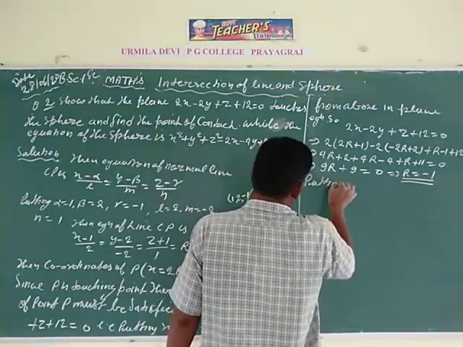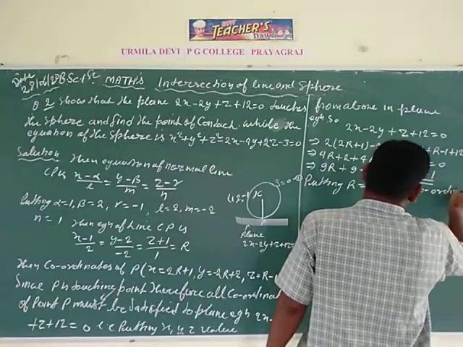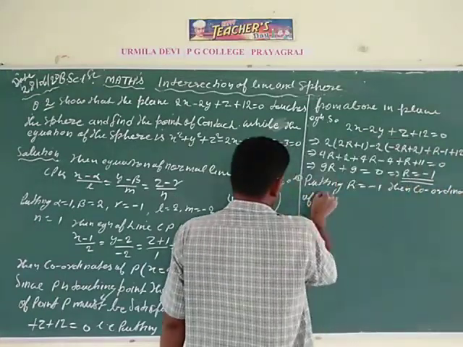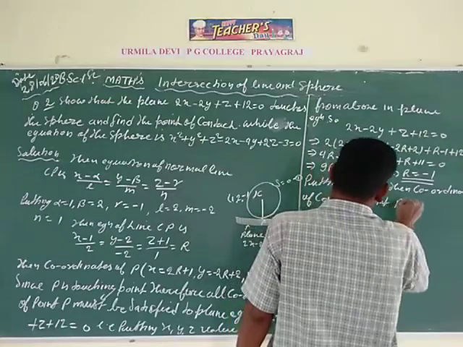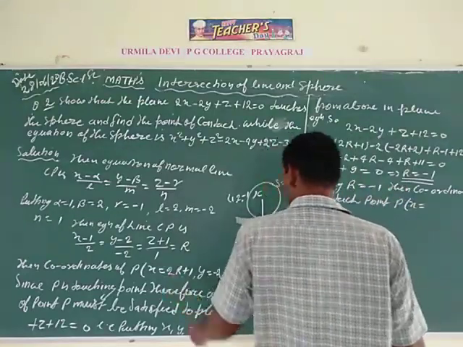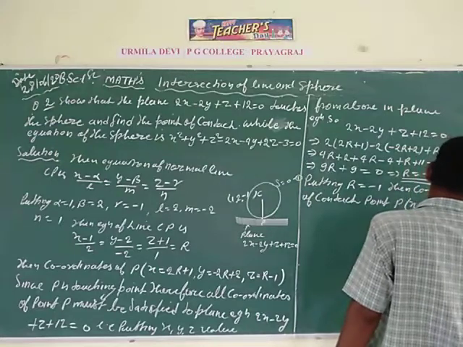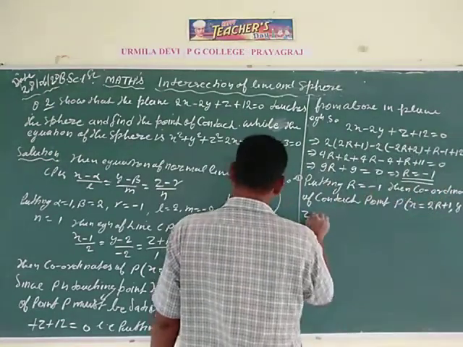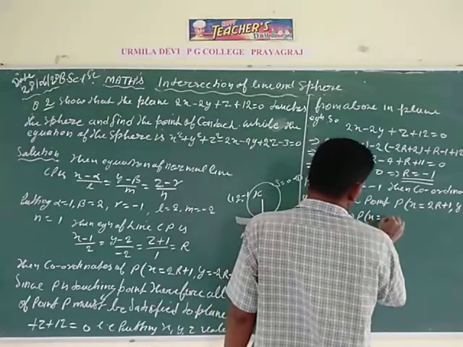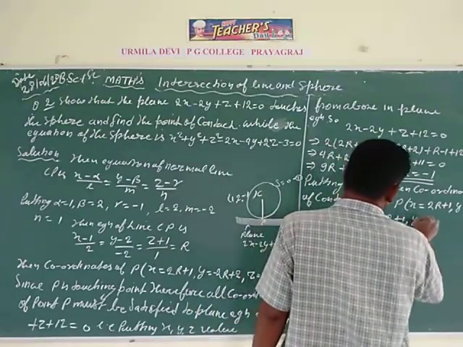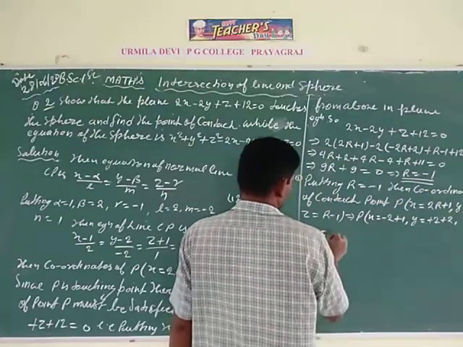Putting r equal to minus 1, it is implied that x is equal to minus 2 plus 1, y is equal to plus 2 plus 2, and z is equal to minus 1 minus 1.